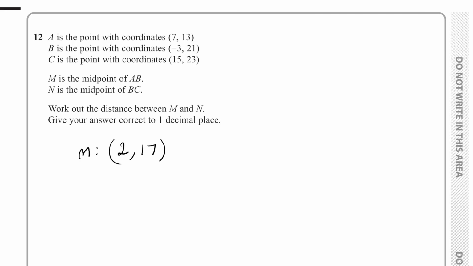To find the middle of two coordinates, we can add the x's and halve them, and add the y's and halve it. So it's 7 plus -3 over 2, 13 plus 21 over 2. And for N, we do the same thing.